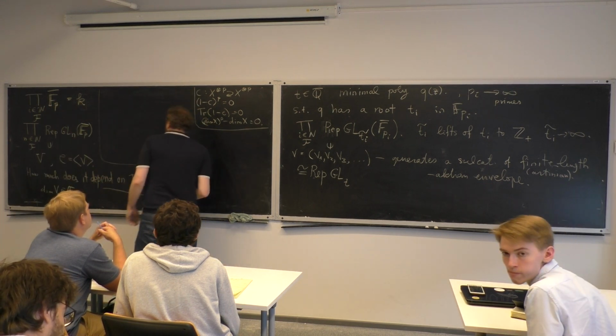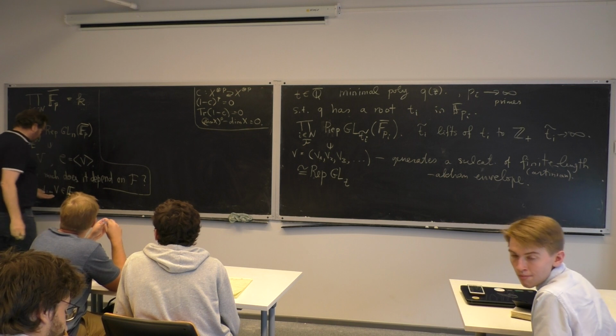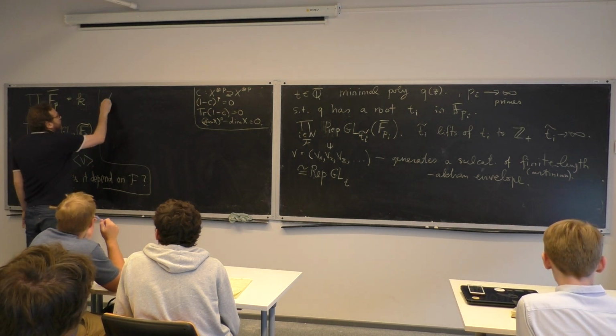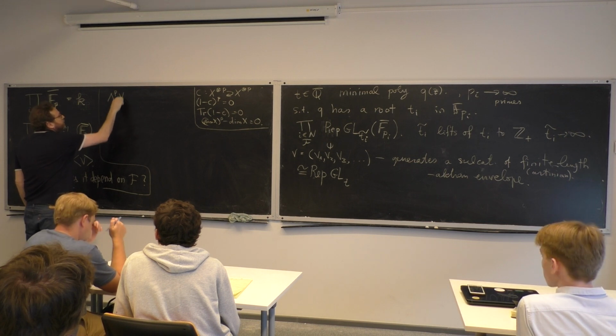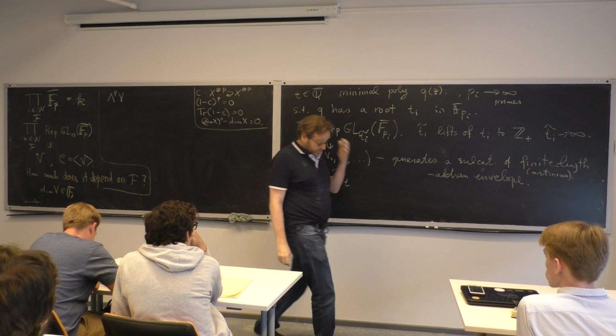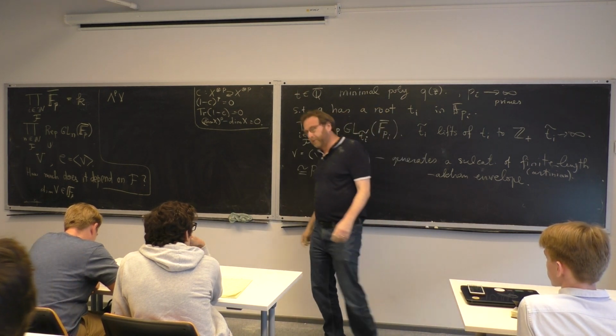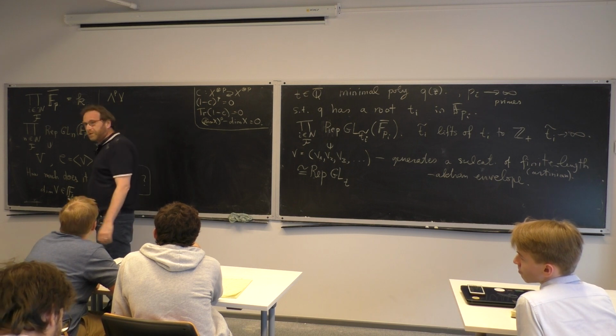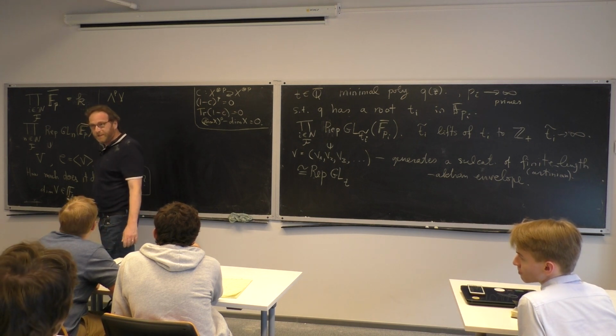But actually, it depends on more. So in characteristic p, this dimension must lie in Fp. But we have more information, because if you have the pth exterior power of V, then in characteristic 0, the dimensions of all exterior powers are just binomial coefficients. But in characteristic p, the dimension of this thing is not determined, because the binomial coefficient doesn't make sense.